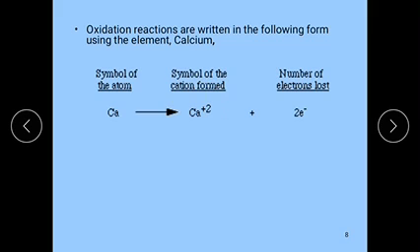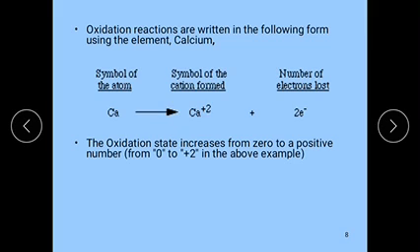The positive charge of calcium is +2, and this +2 charge is equal to its oxidation number. In this reaction, the oxidation number increases from 0 to +2, so it is an oxidation reaction.